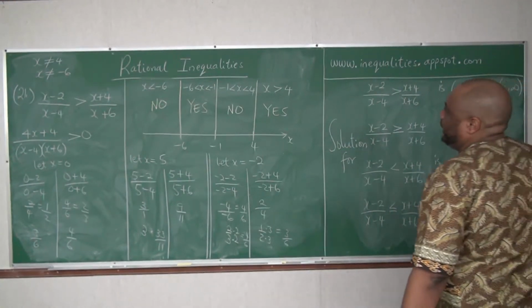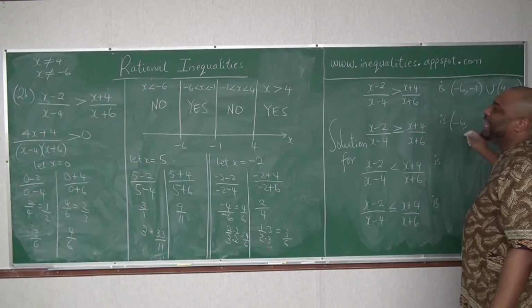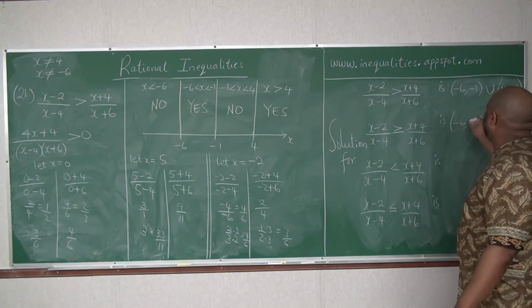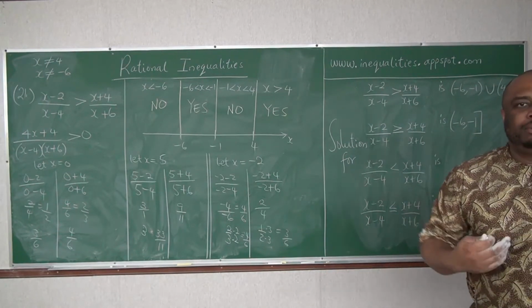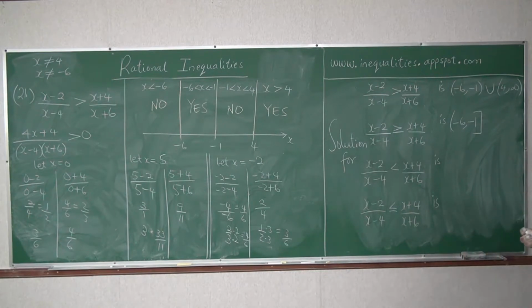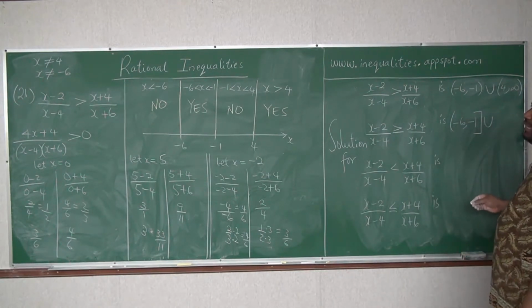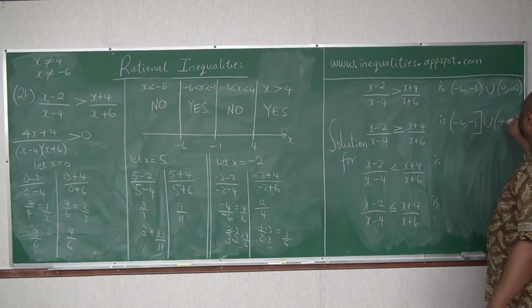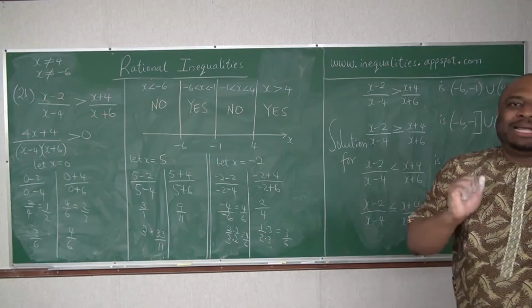So this will be from open negative 6. Now negative 1 is in the domain, so you close it. Negative 6 to negative 1, you close it. Okay? Union 4 is not in the domain, so 4 to infinity. That's the second one.